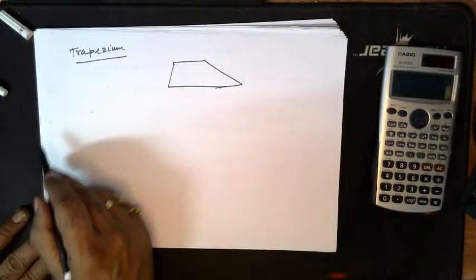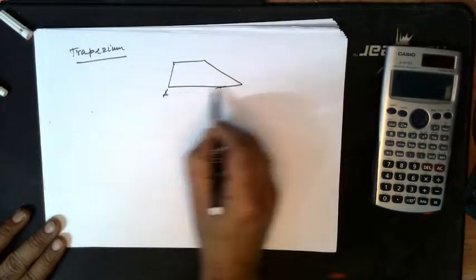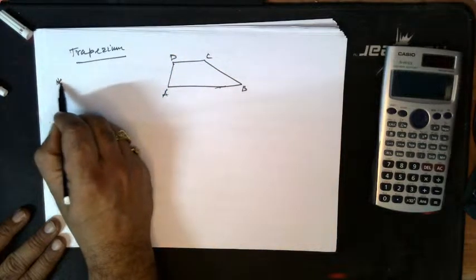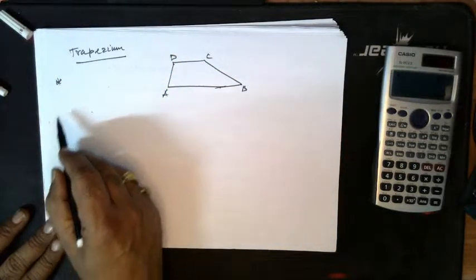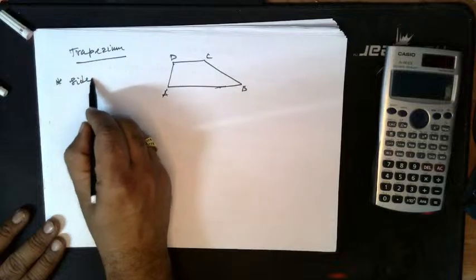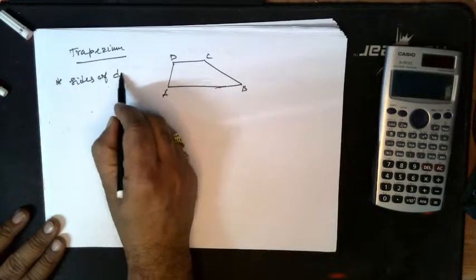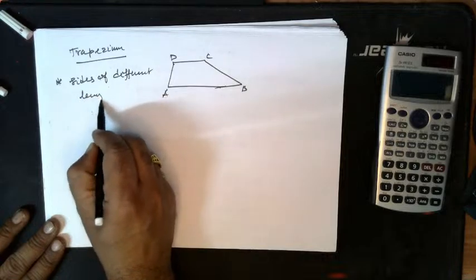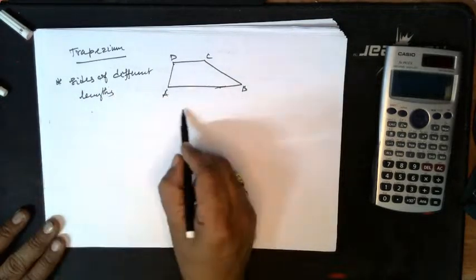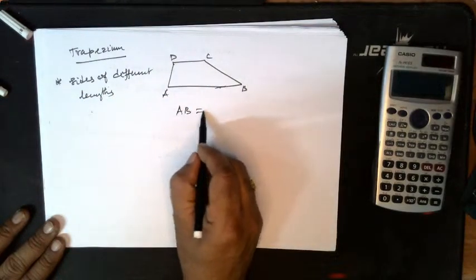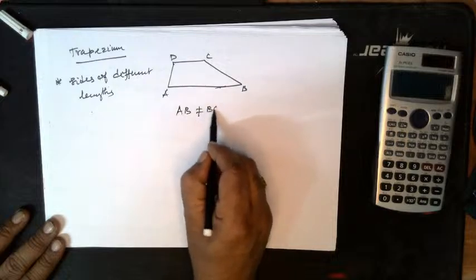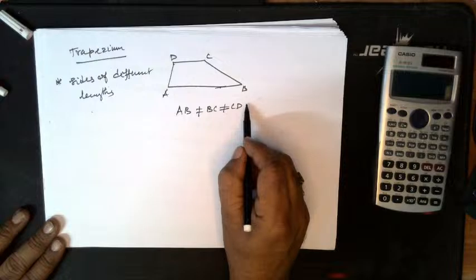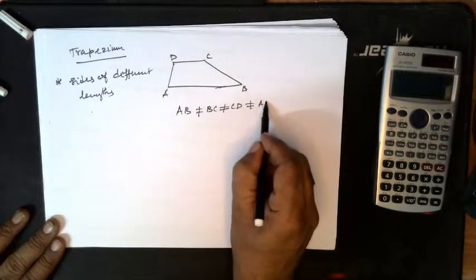A trapezium has sides of different lengths. So AB need not be equal to BC. BC is not equal to CD. CD is not equal to AD.